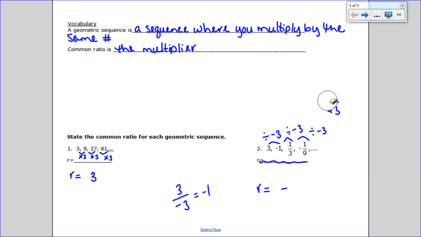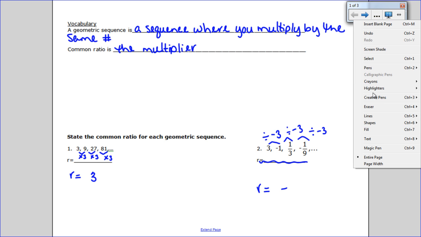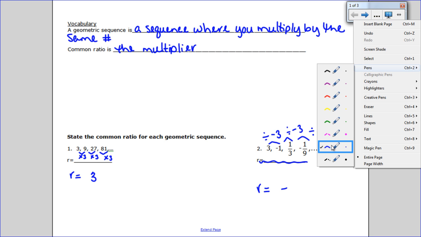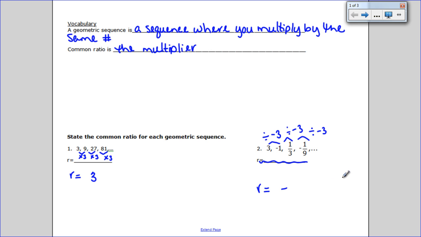So I've got a common ratio and it looks like I'm dividing, but when I need to write down my ratio, I have to write down what I was multiplying by. So here's what you need to know. Dividing by 3 is the same thing as multiplying by 1/3. So really what I'm doing is multiplying by 1/3. And here's the easiest place to see it: from negative 1 to positive 1/3, and actually it's negative 1/3.